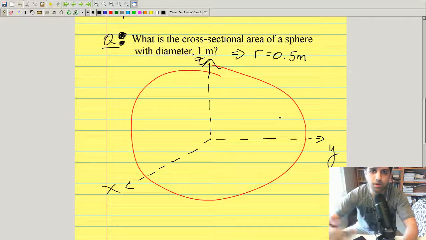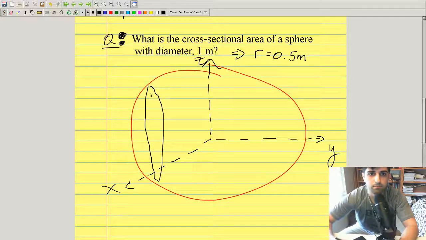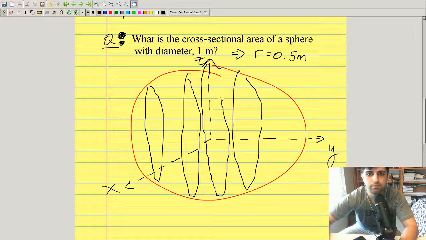And what cross-sectional area essentially means is, as long as you create a coordinate system, in this case a right-handed coordinate system, and you have the sphere centered at 0, 0, 0, you can cut the sphere into these slices. I'm even going to get one in the center, centered about 0, 0, 0.